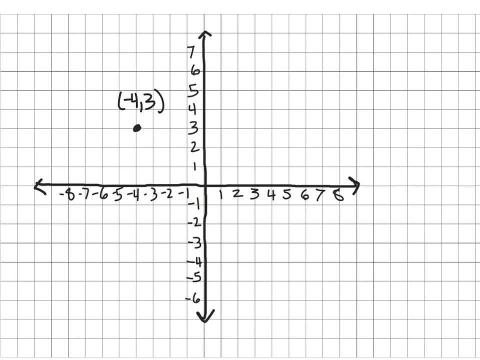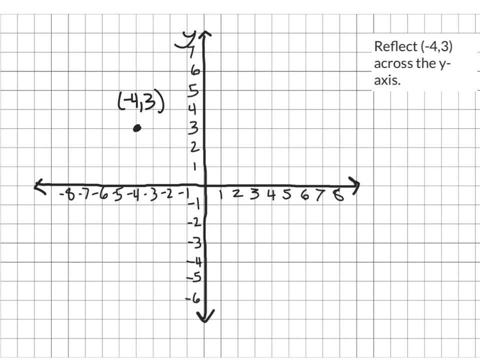And now we are going to be reflecting this point across the y-axis. So make sure you've labeled which one is y and which one is x. This is the y-axis, this is the x. And if we want to reflect across the y-axis here, we're going to picture that the y-axis is like a mirror.